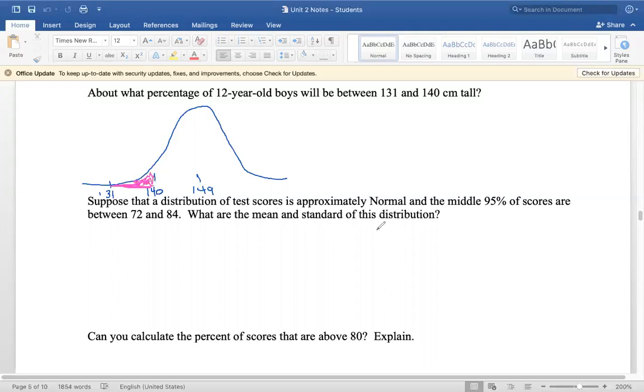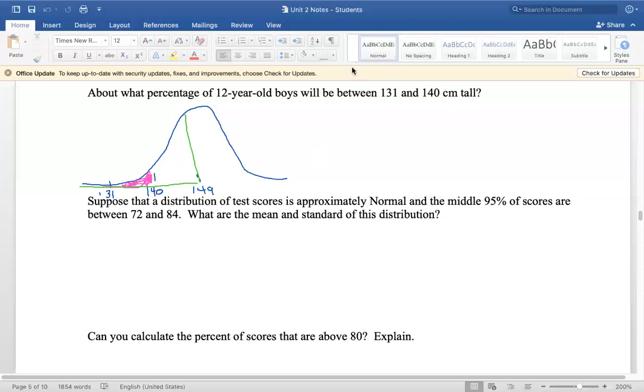Okay, so how could we do this? We can look at a couple of things. The way I would do it is subtract some areas away from each other. We're trying to find this pink area in here. What I would do is take this whole green area, from the middle all the way down to the end.